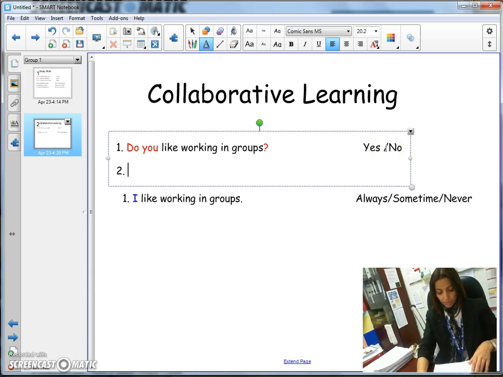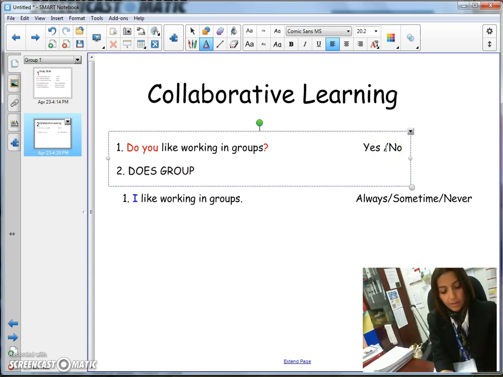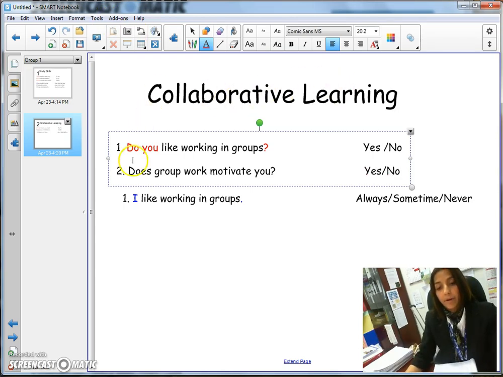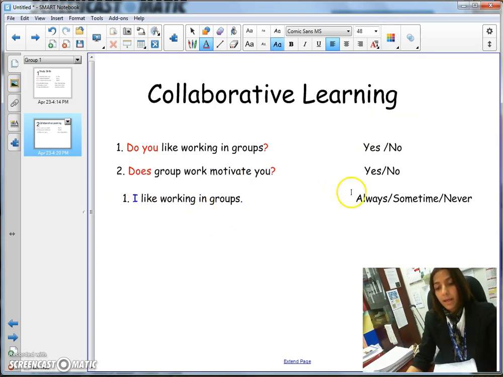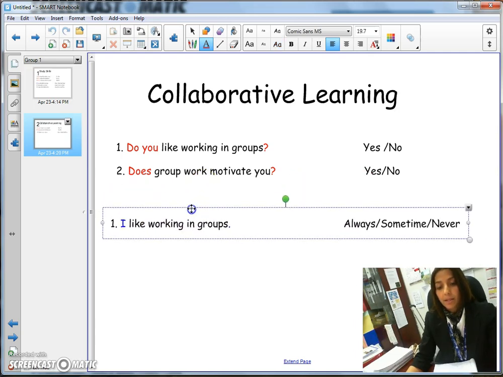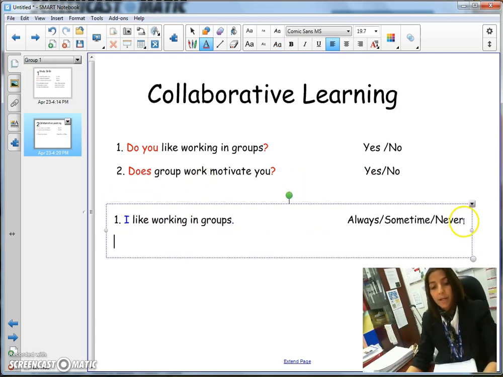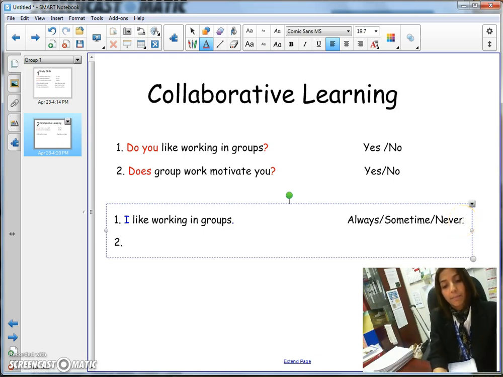Okay, I'll give you another example of this. Example number 2. Does group work motivate you? So your answer can be yes or no. And why yes or no? Again, we have the question. It's a question. All right. And again, if I had to put this in a 3-point scale, how would I word it differently?